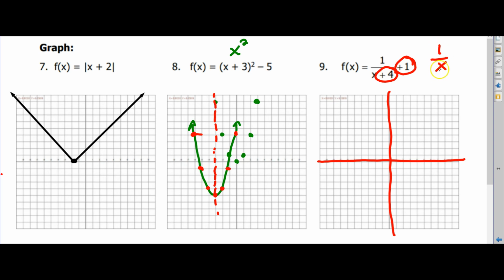And you can put in values if you forget, like at x equals 1, we have 1 over 1, which equals 1. At x equals negative 1, it becomes negative 1. So we've got this point right here. And so that kind of tells you the corners, or the quadrants your corners are going to be in. So know that's going to be really close to the x-axis, and then it's going to get really close to the y-axis like this. And same thing right here.